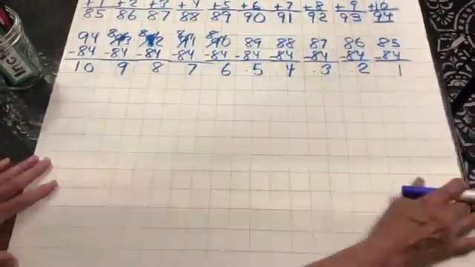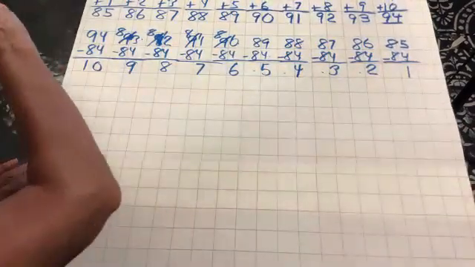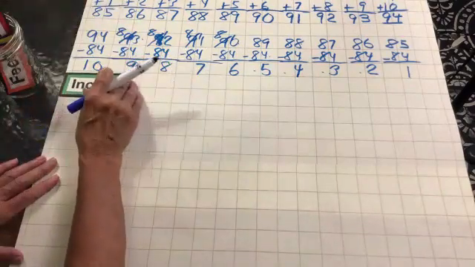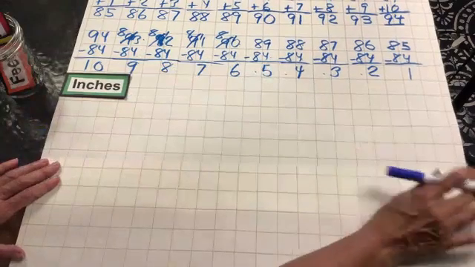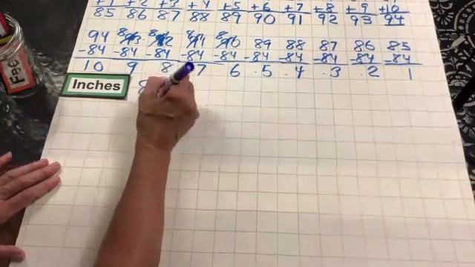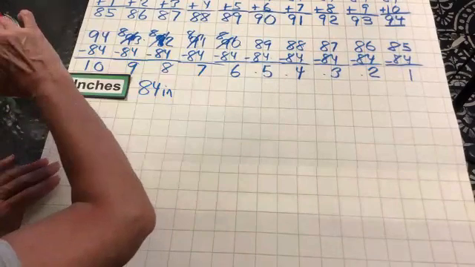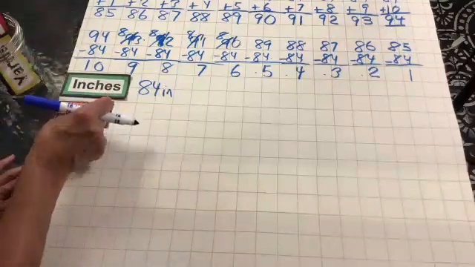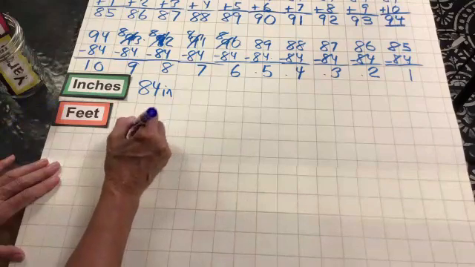Let's move on to our measurement, linear measurement, measuring lengths. And we'll start off with inches. And since today is the number 84, we have 84 inches. We're going to separate that into feet. It takes 12 inches to make a foot.